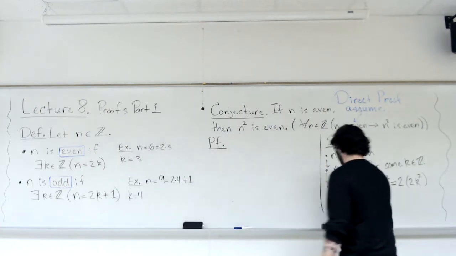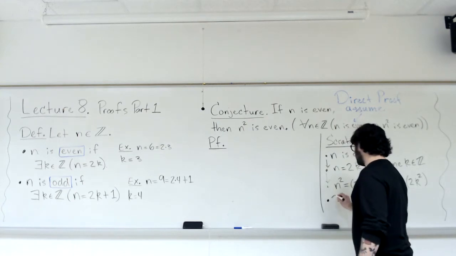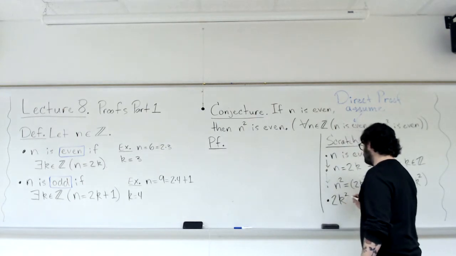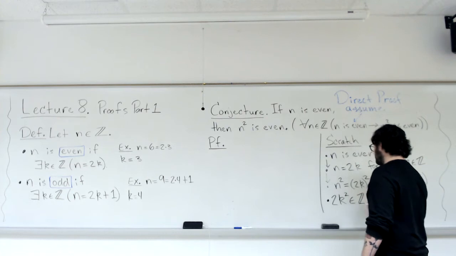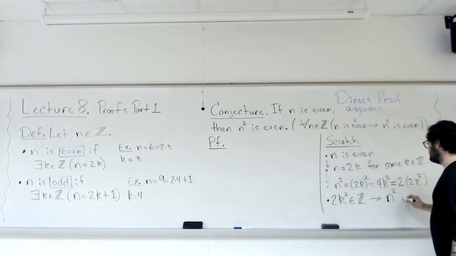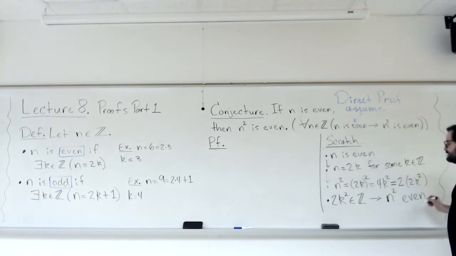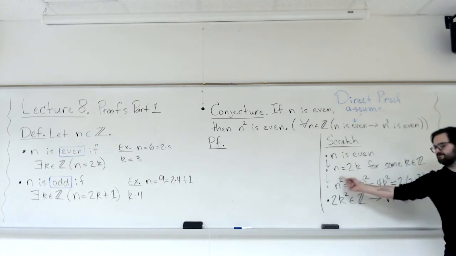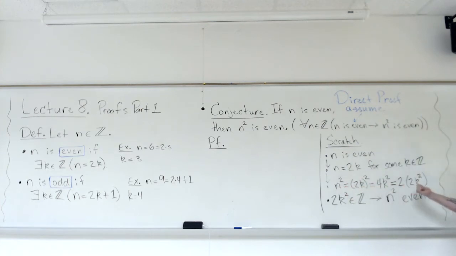So I can even write that 2k squared is an integer, which means that n squared is even by the definition of being even. If I can write n squared as 2 times an integer, that's it.